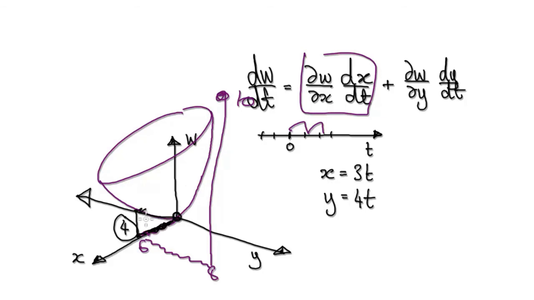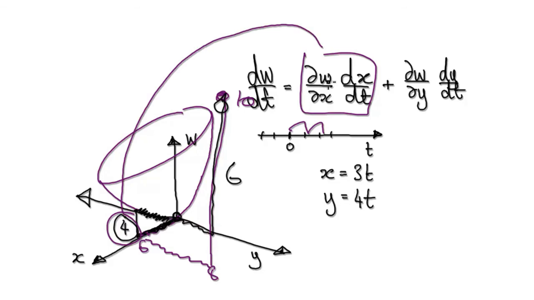So in your journey of moving across by 8, you would have climbed a further height of 6. So this 4 here, in your journey of moving in the x direction of 6, after 2 seconds you would have moved across by 6. You would have climbed a height of 4.